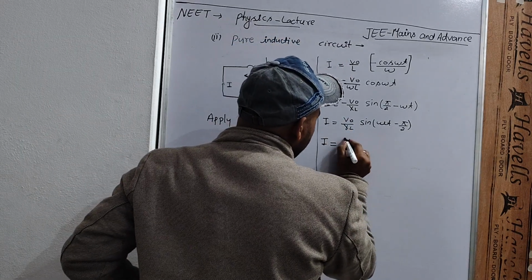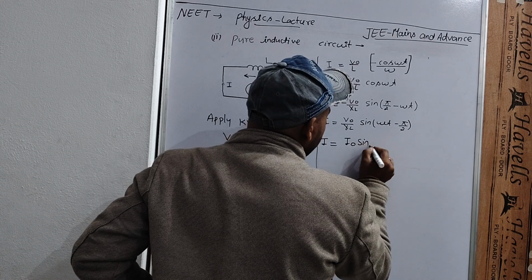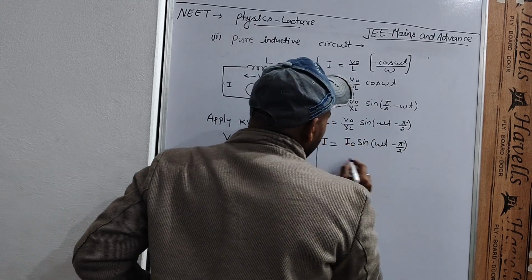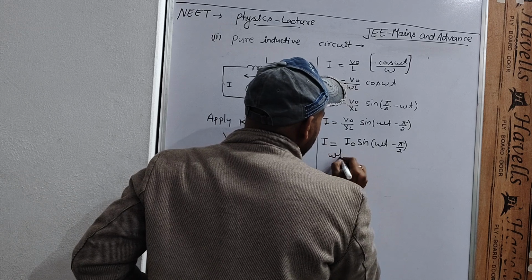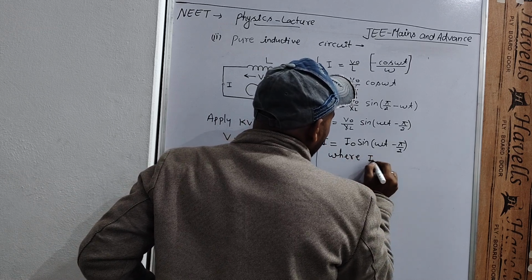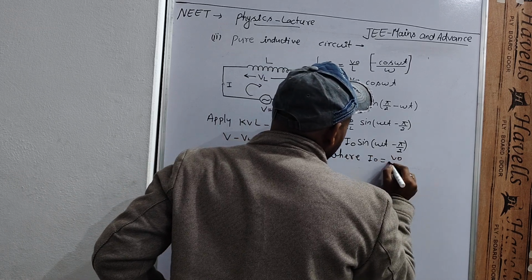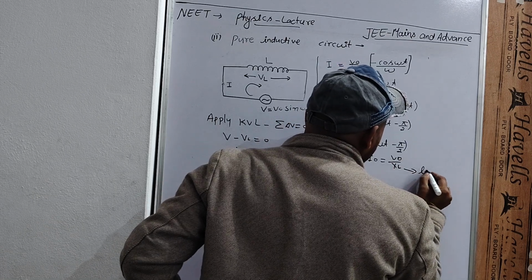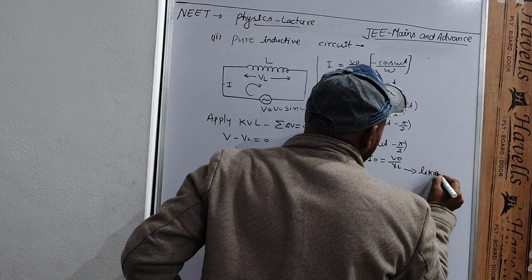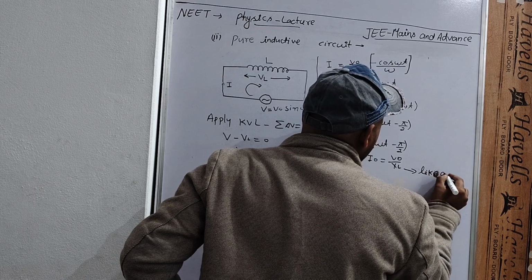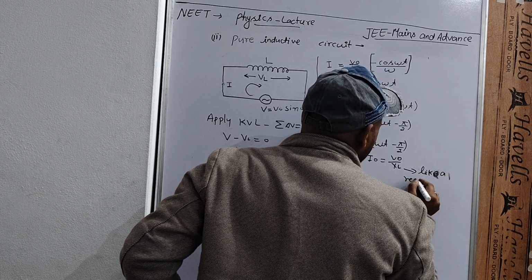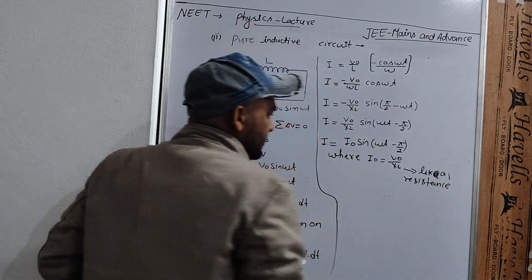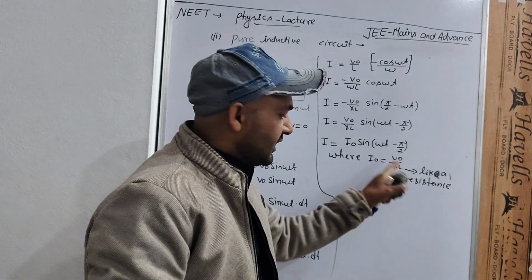I is equal to I naught sine omega t minus pi by 2, where I naught is V naught over XL, and XL is looking like a resistance, which is a phasor quantity and treated as a vector.